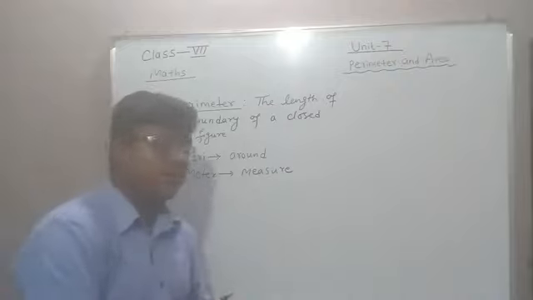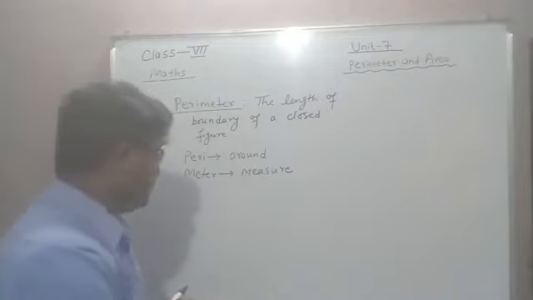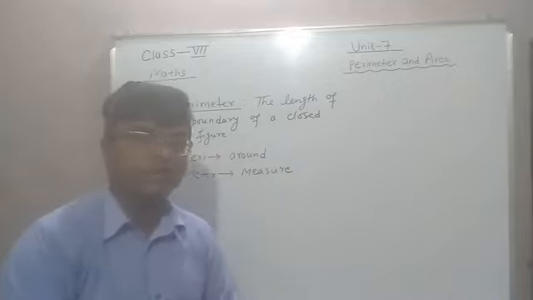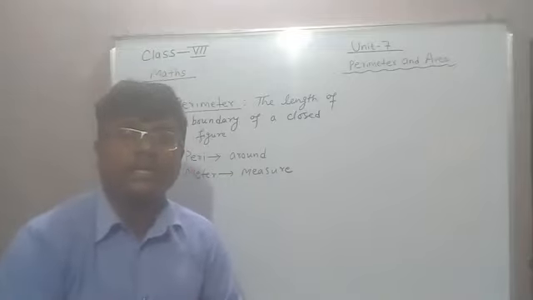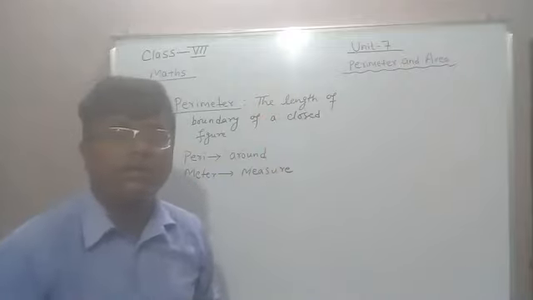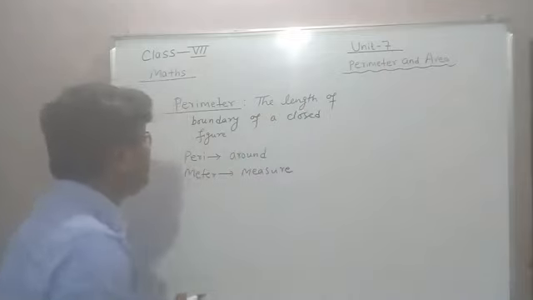So simply we can say perimeter means the distance around the closed figure, or simply the length of the boundary of a closed figure. Okay, so this is your perimeter.